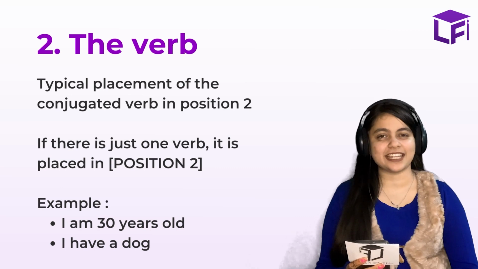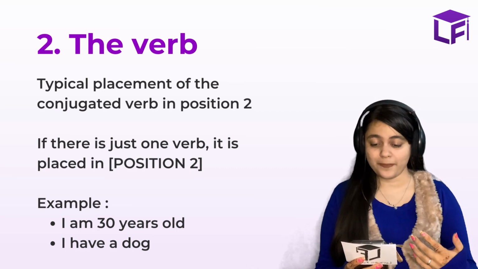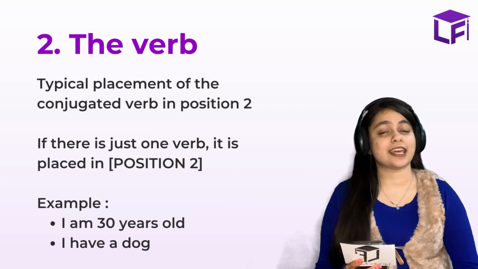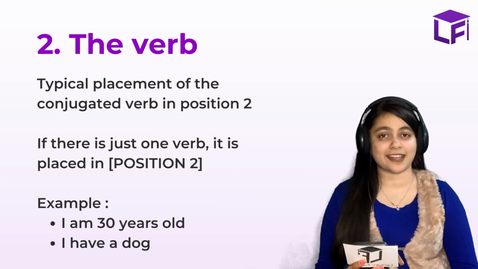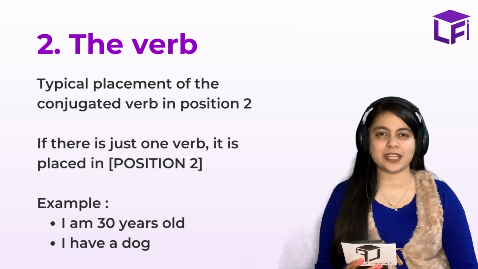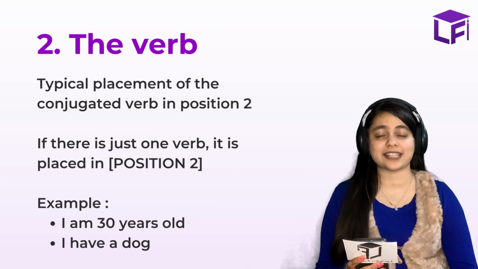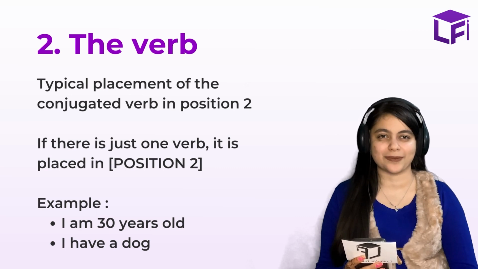Great. So this is where you place your verbs. In case the verb is conjugated and there is only a single verb in the sentence, that is when the verb takes the second position of the sentence. I am going to share an example with you just to support my argument.